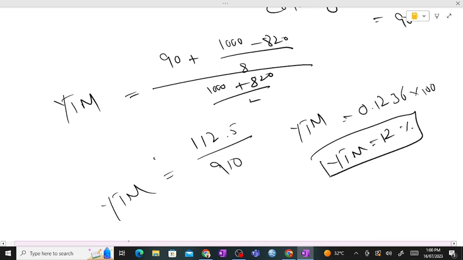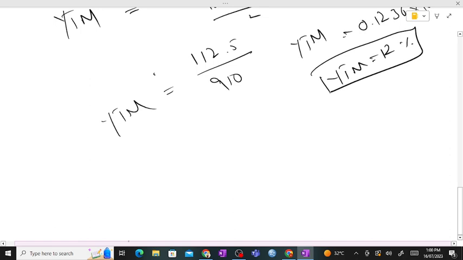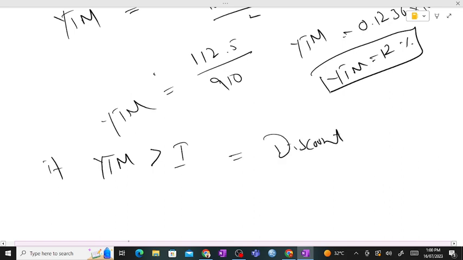Now how do you explain this? If YTM is greater than I, the coupon payment, it's selling at a discount. If YTM is lesser than I, then it's selling at a premium. In this example, the coupon rate was 9% and the YTM is 12%, so it's selling at a discount.